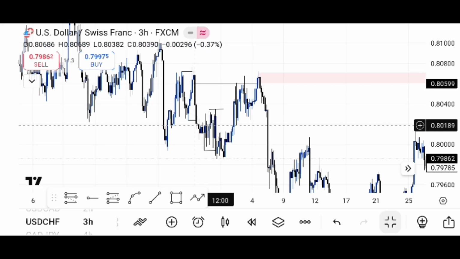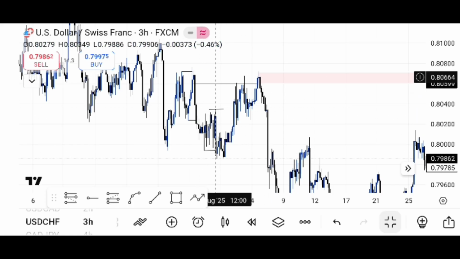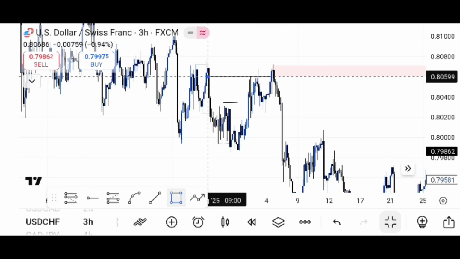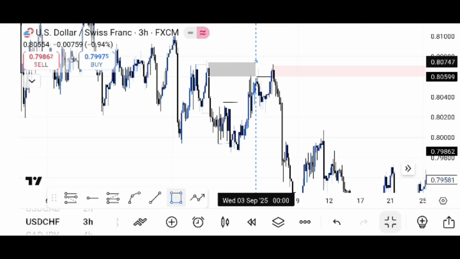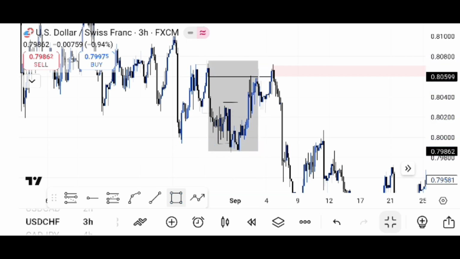So price broke structure here, created an inducement here, and then went back to collect orders exactly at this order block here. So our first phase here was a success.